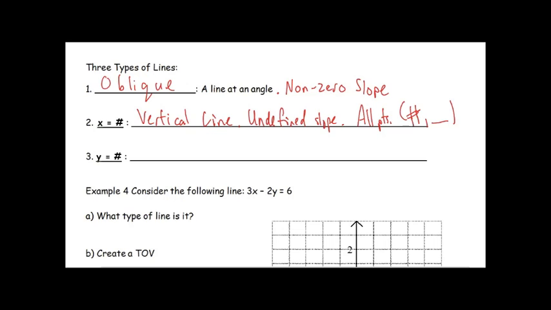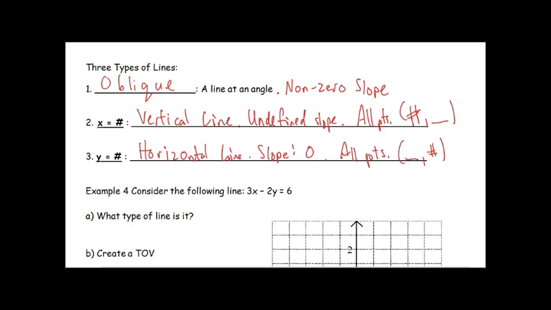If you have y is equal to some number, that is a horizontal line. The slope of a horizontal line is 0, and all of your points will have that number as the y coordinate, and your x coordinate will be a bunch of others that you can put in there.